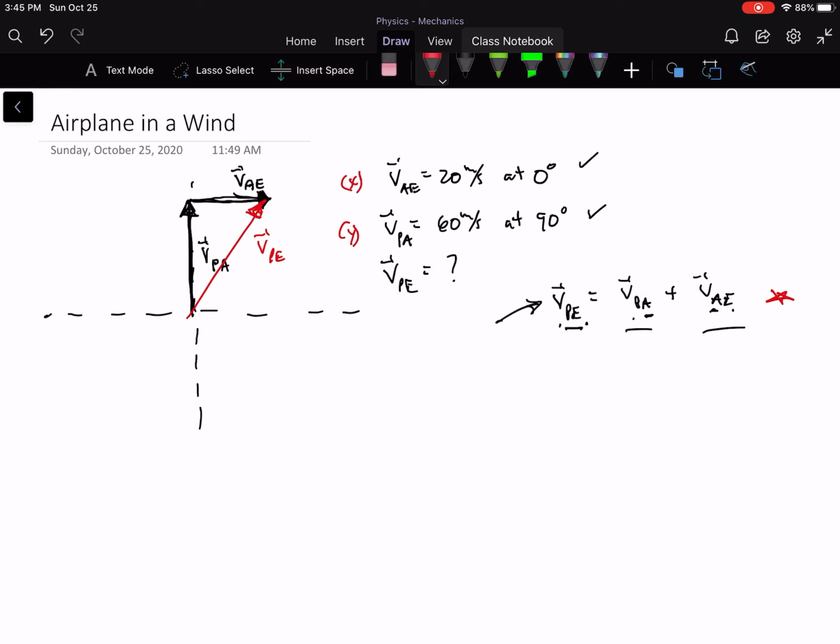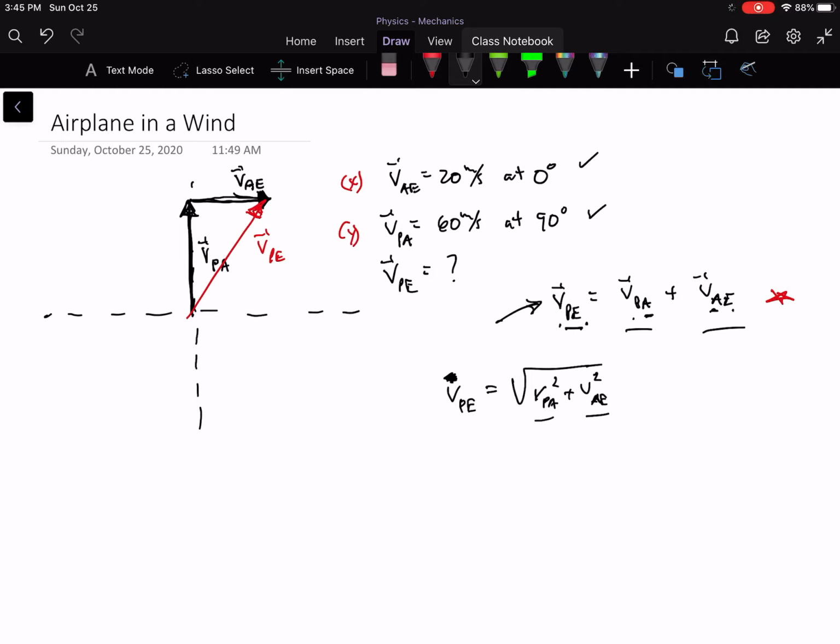So we can skip right to one of the last steps in a 2D vector sum and just say that the magnitude of the plane's velocity relative to the Earth, no arrow because we're doing magnitude, is the square root of that plus that, because they are the total x and total y components.